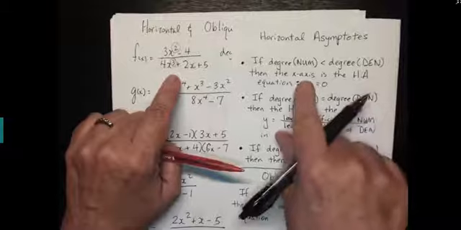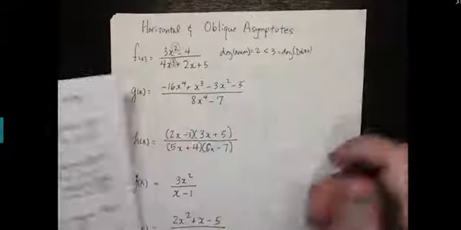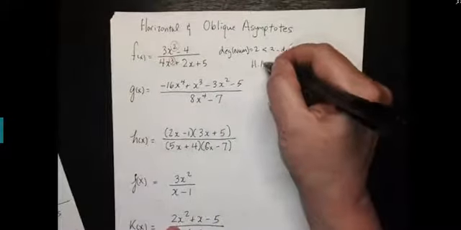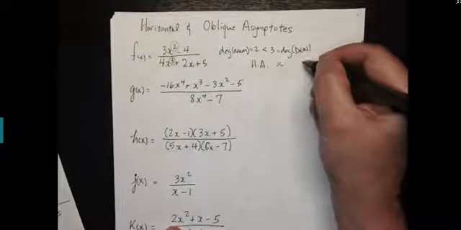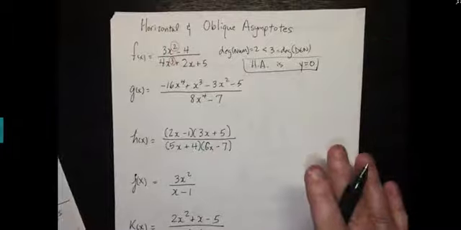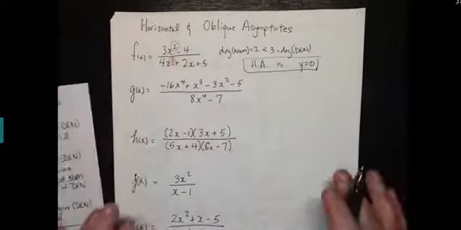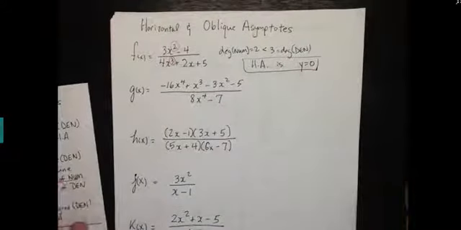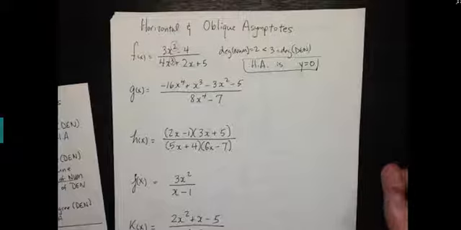And so by this, the x-axis is the horizontal asymptote. And so we will write y equals 0. Okay, it will not have an oblique asymptote because it doesn't fit this case. Also, this video is only looking at horizontal and oblique. We're not considering vertical asymptotes.